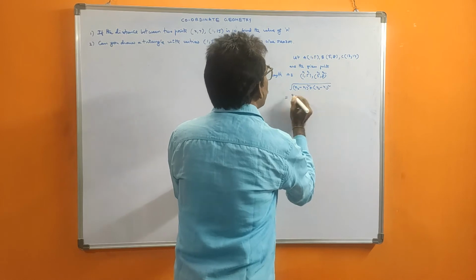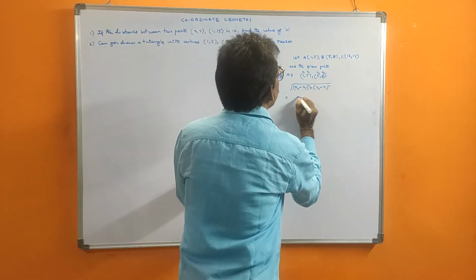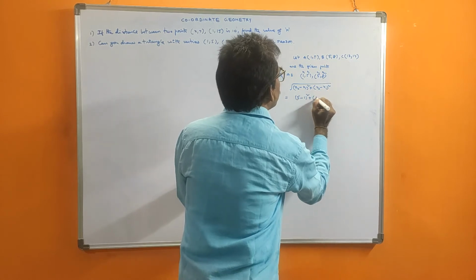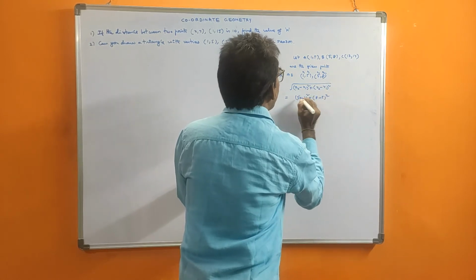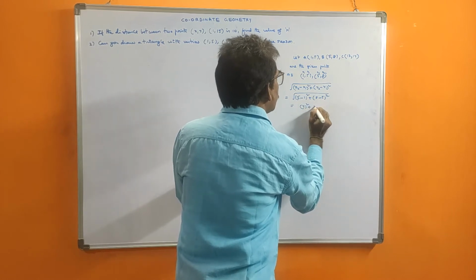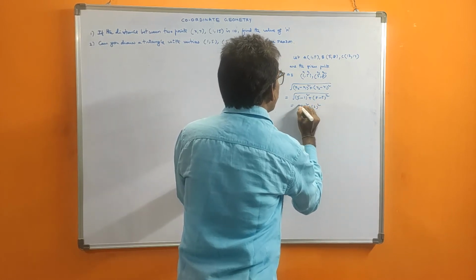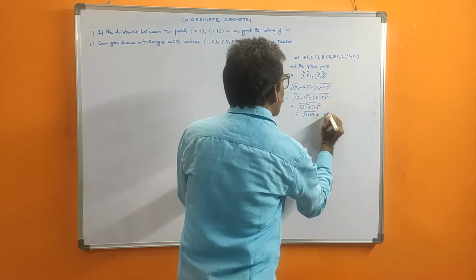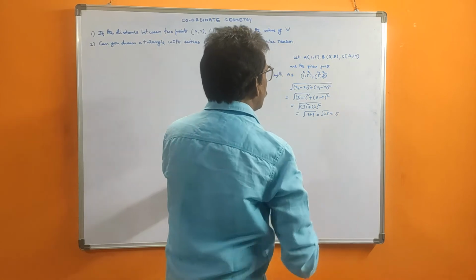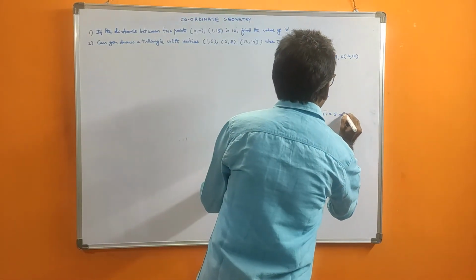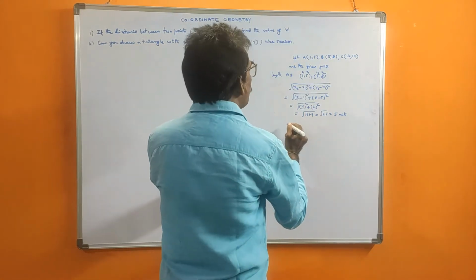Substitute these values: (5 minus 1) whole square plus (8 minus 5) whole square, under root. This is 4 square plus 3 square, which is 16 plus 9. This is 25, and the root is 5 units.